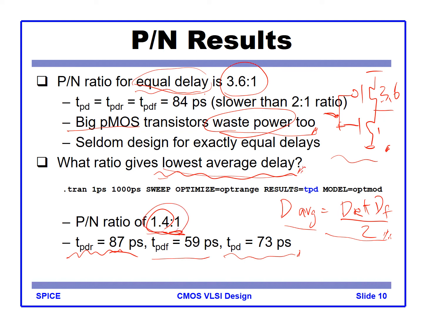This is better for low power. If you care about actual performance, you may go for a larger PN ratio at the expense of more power.